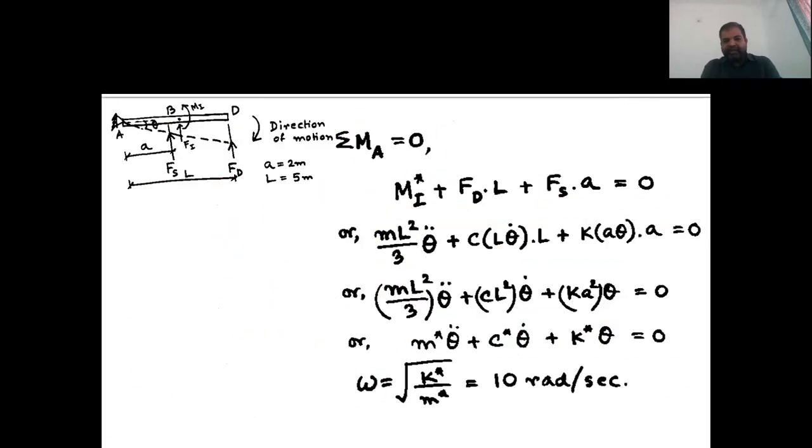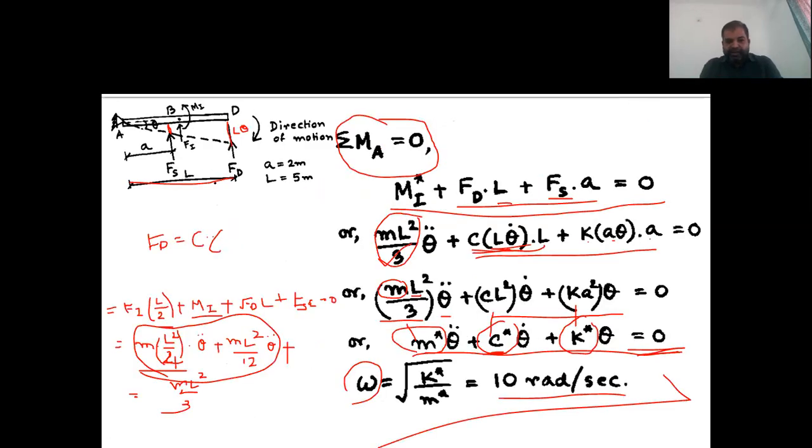But what you need to find out is the displacement at point D. And at point D, the displacement is L into whatever the rotation theta is. So basically you need to do L into theta. So here you have found the value, which is minus 4.76, right?